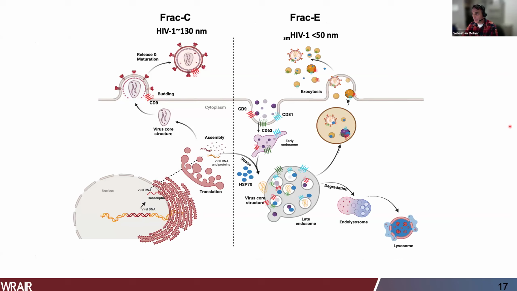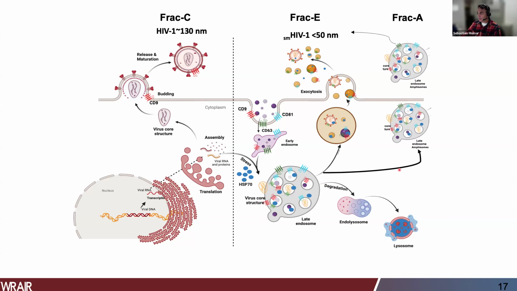We can potentially have an alternative pathway for the production and release of virus, which is in fraction E, where small extracellular particles and small virus are released together from the infected cells, or alternatively, the small virus and small extracellular particles can exit through late endosomes and amphisomes, which are present in fraction A, and then they are present in the supernatant.